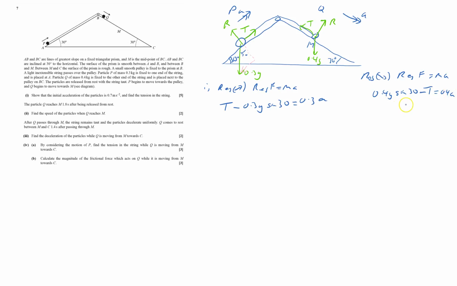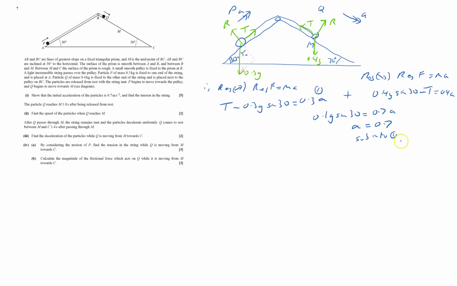Those are my two equations. If I add them together, then the minus T and the plus T will disappear. So I'm going to add those two equations, and that will give me 0.4 g sine 30 minus 0.3 g sine 30, that's 0.1 g sine 30, equals 0.7 a, and that works out that a equals 0.7. Now I need to substitute into equation 1.